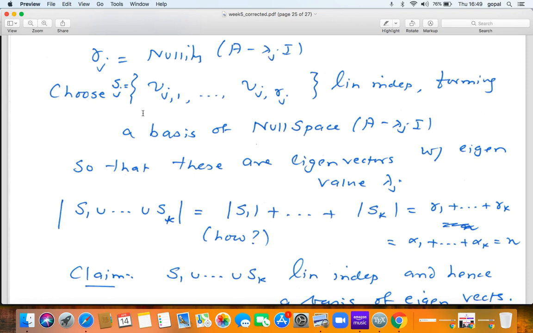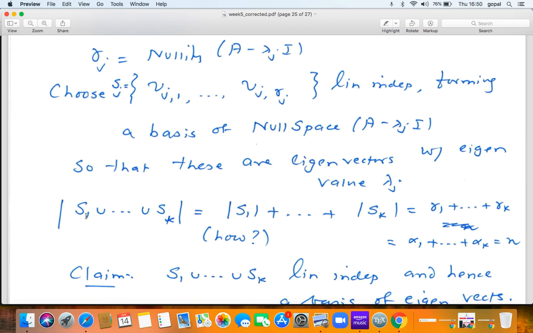And so these members of Sj are eigenvectors with eigenvalue lambda j. I'm going to take the union of these Sj. These Sj are going to be pairwise disjoint. They have to be disjoint, right?